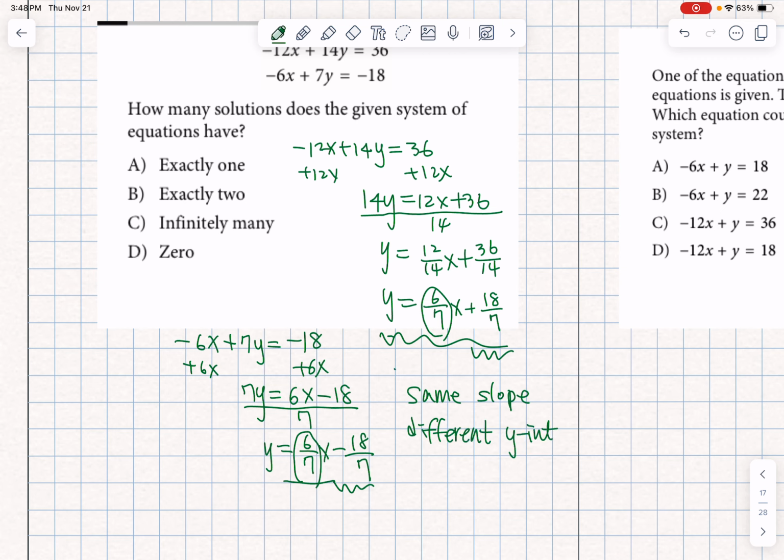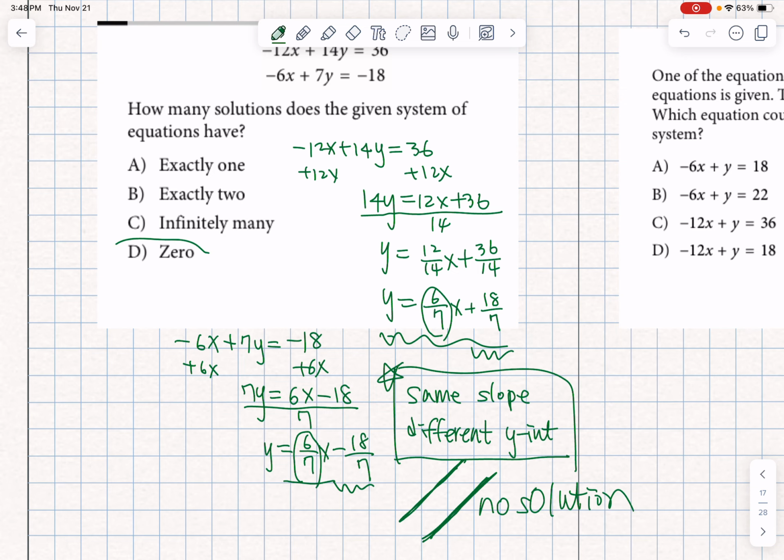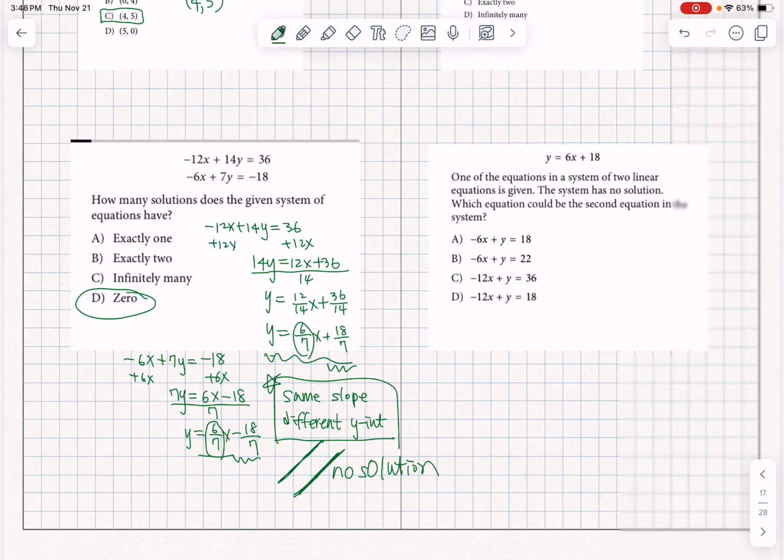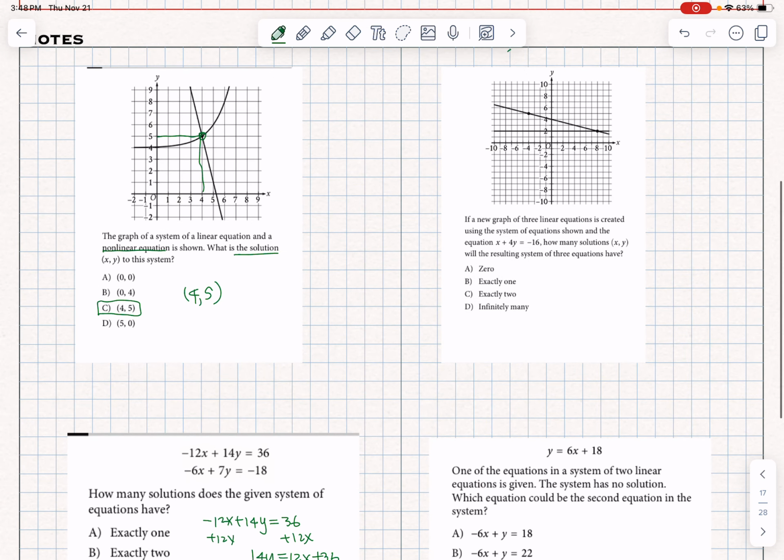If you have the same slope with a different y-intercept, the graphs are parallel and never intersect, so there's no intersecting point. Remember, same slope with a different y-intercept means the two lines are parallel and never intersect. That means no solution, so zero intersecting points.